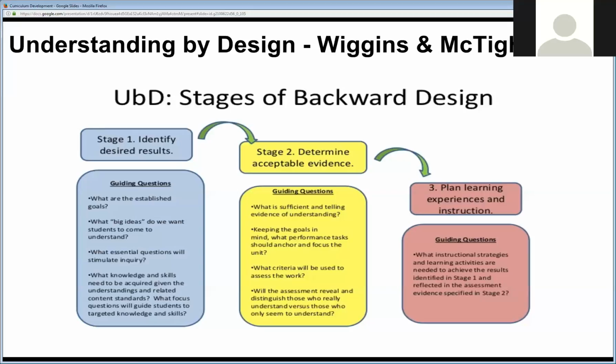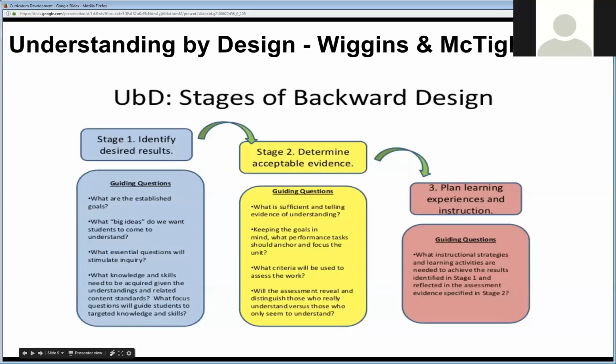Is the desired result you want, oh, my kids passed NOCTI? Well, what good did that do them? And that's what I want to unpack here today. Your desired result is probably my student is prepared to leave my program and either have gainful employment or go to the next step of their career ladder. The evidence I'll have is passing NOCTI, and then these are the learning experiences that are going to help us do that as we go forward.